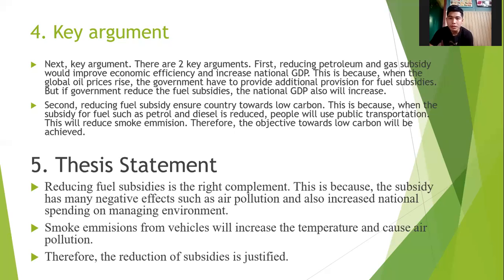But if the government reduces the fuel subsidy, the national GDP will also increase. Second, reducing fuel subsidy ensures the country moves toward low carbon. This is because when the subsidy for fuel such as petrol and diesel is reduced, people will use public transportation and this will reduce smoke emission. Therefore, the objective towards low carbon will be achieved.